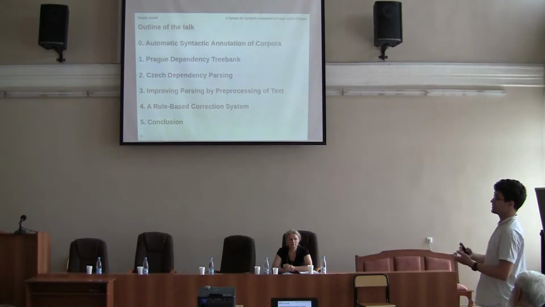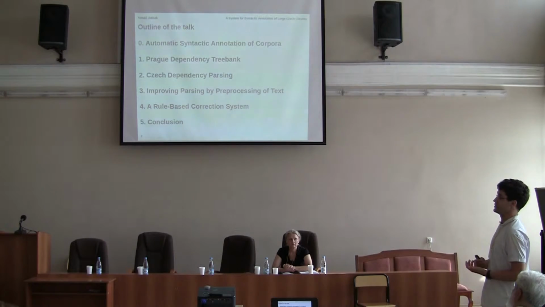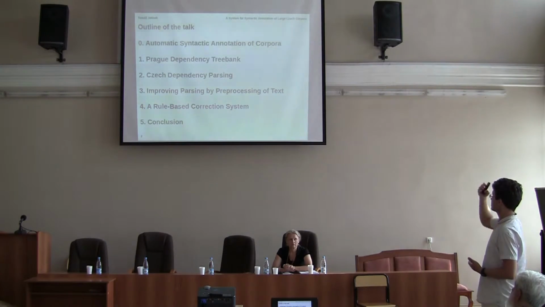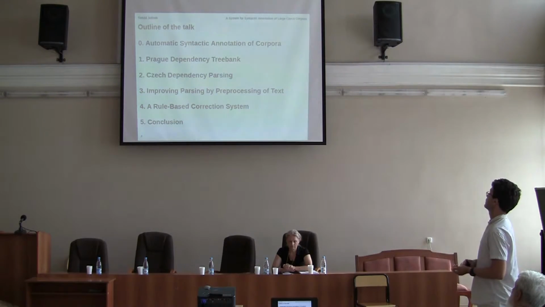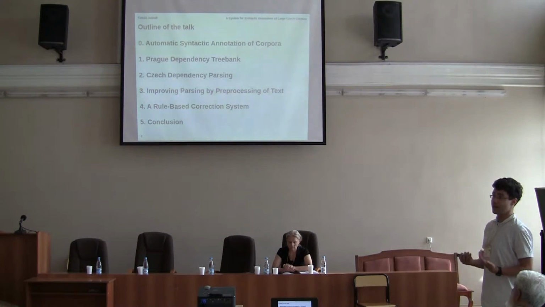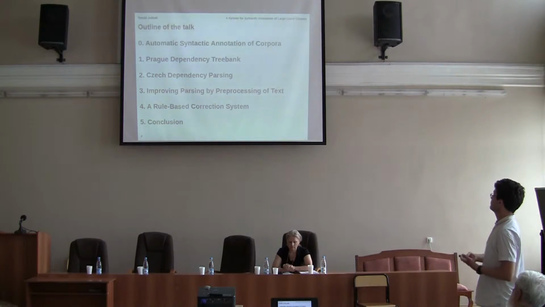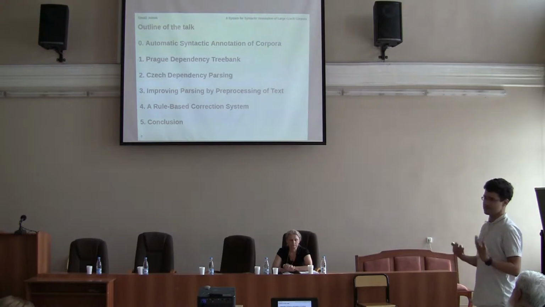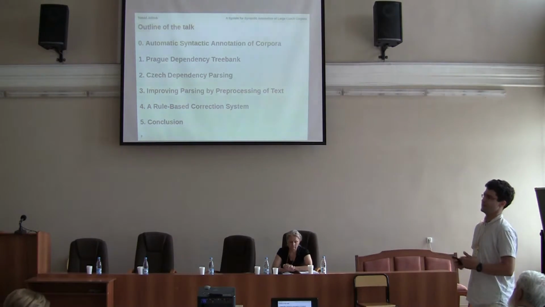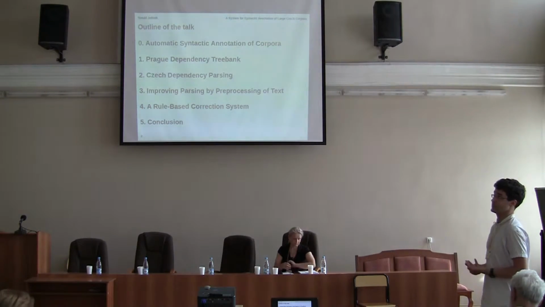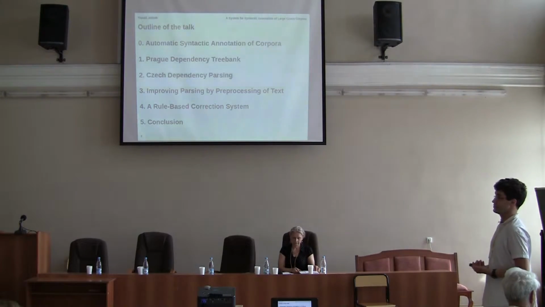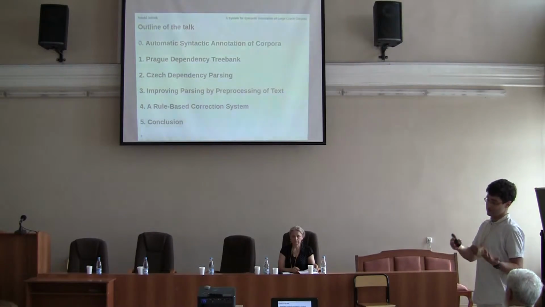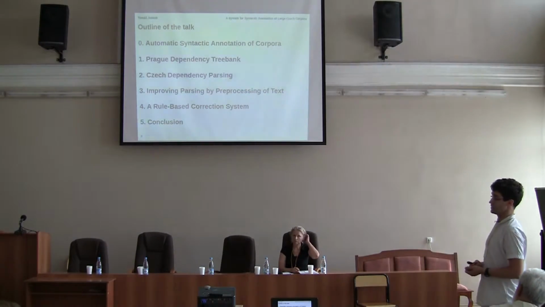I shall present the Czech dependency parsing done so far, and then two methods I devised for improving the accuracy of parsing: mainly improving parsing by pre-processing of texts, which means simplifying the text so that the parser can do its task more easily, and a rule-based correction system that's applied after the parsing is done.